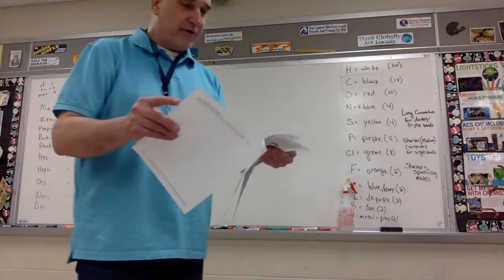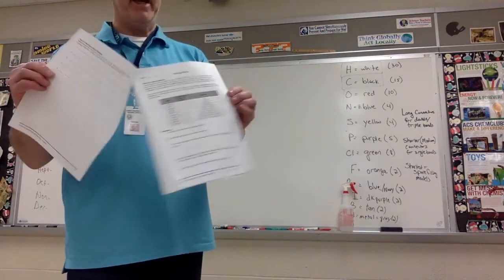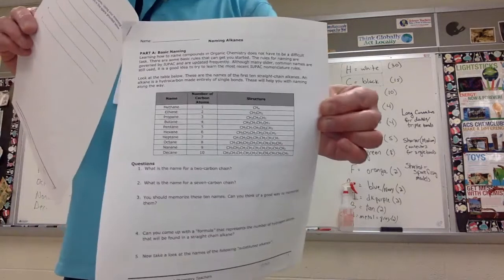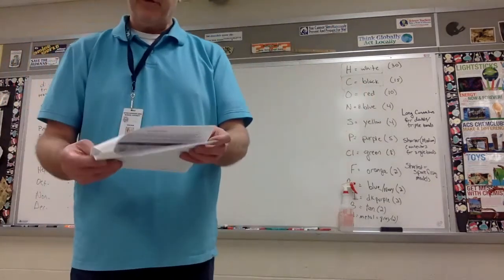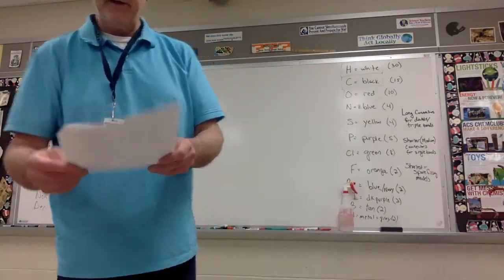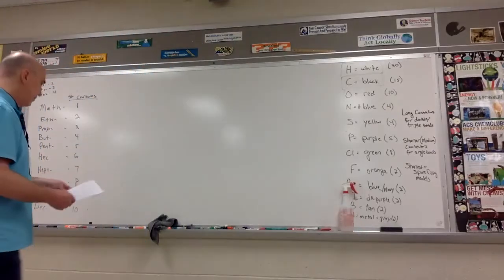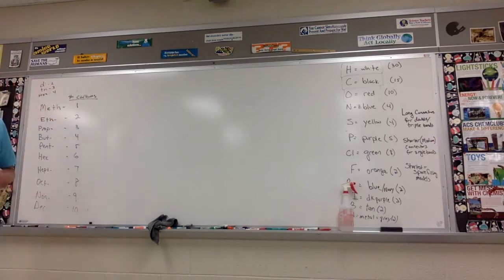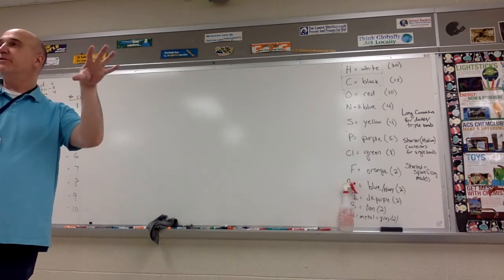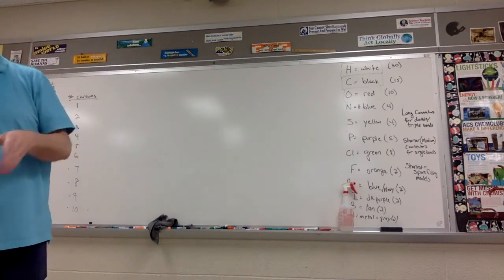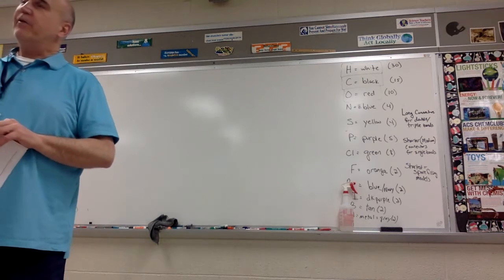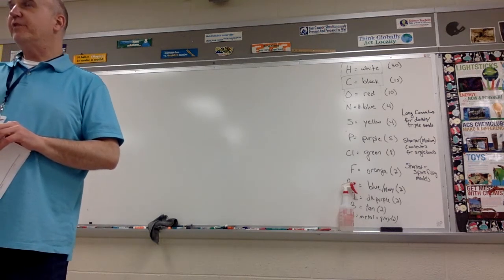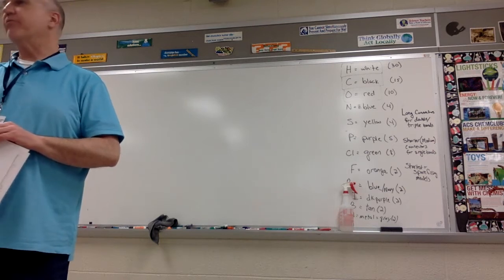All right, so we have some questions on the naming Alkanes packet, the one you were doing in class. So 13 through 16, you said? I think we got cut short, and I mentioned it in the other class, not in here, for the halogens. Sometimes halogens attach to the chain and take the place of one of the hydrogens. You do the same thing as when there are methyl groups attached.